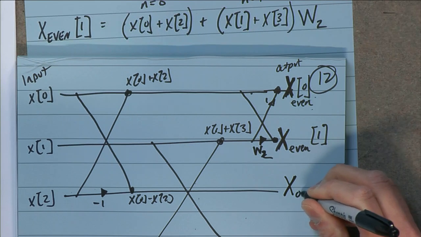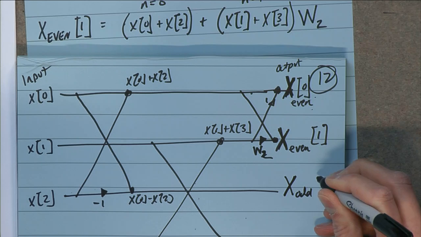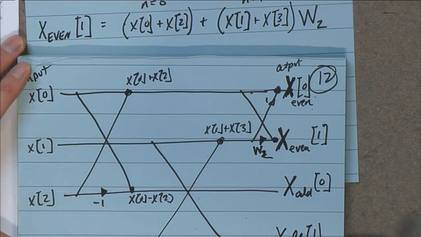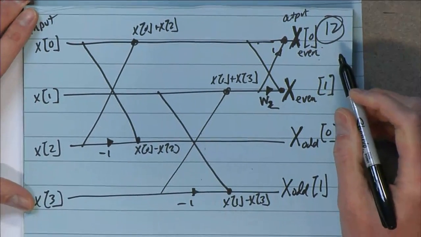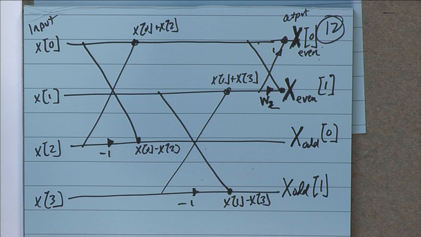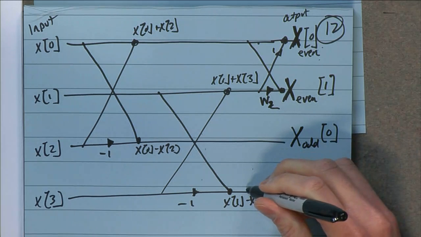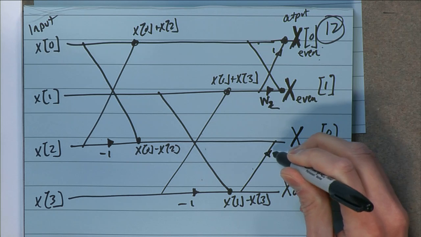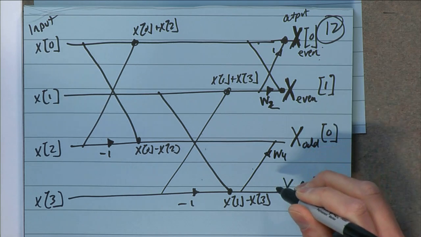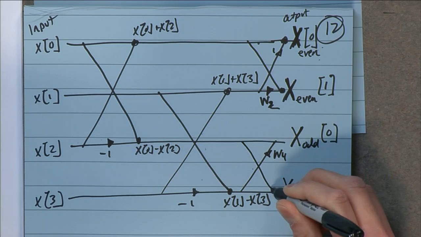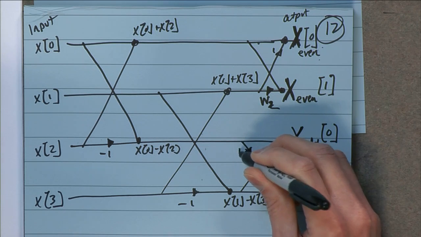And this is odd. It should be odd 0, and this is odd 1. Need a bigger pad so we can show each one of these really corresponds to an output of the DFT as well that we care about. So let me just fill in the rest of it. W4. And this is 1.